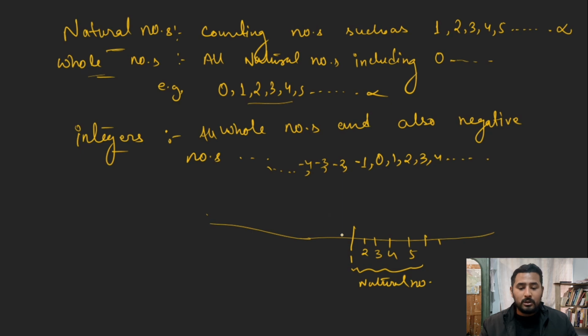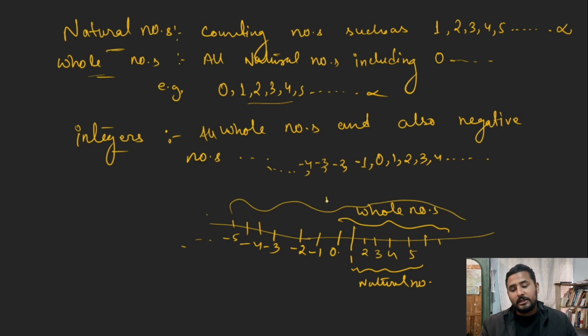When you add 0 to natural numbers, this will be our whole number. Okay, and what I said about integers, now you have to go to left hand side. -1, -2, -3, -4, -5, and so on. Okay, this all will be called as what? Integers. I hope it is clear what is whole number, what is natural number, and what is integers.